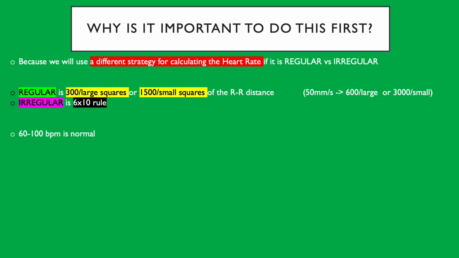If you're using the double paper speed, then you double the number. But if it's irregular, you cannot use any calculations. You have to actually measure it. So you take 6 times 10. Some people use 6 seconds times 10 or 10 seconds times 6. You choose. It's 6 times 10.